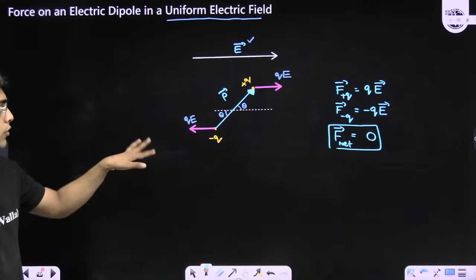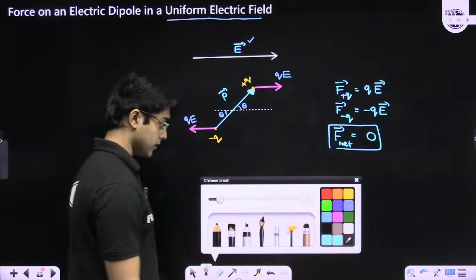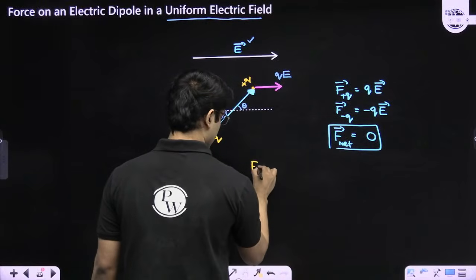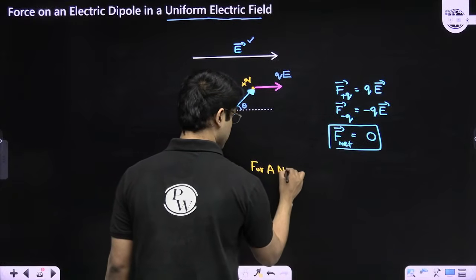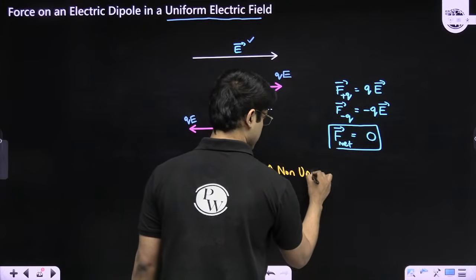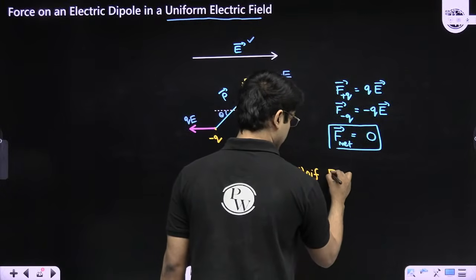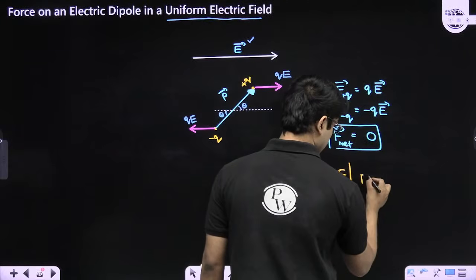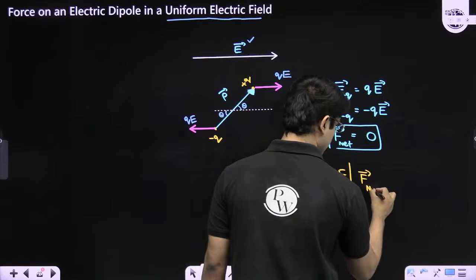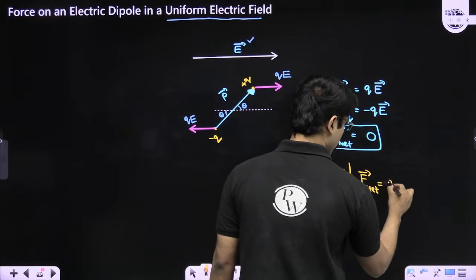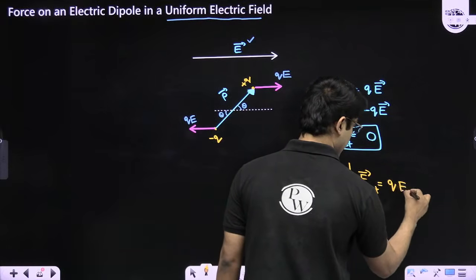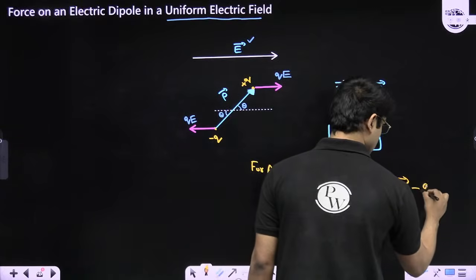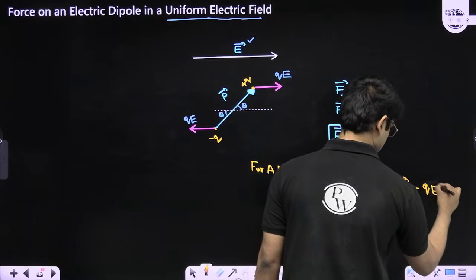If it is a non-uniform electric field, then it may or may not be 0. For a non-uniform electric field, this means the electric field changes from position to position, then the net force will be q times the electric field near the positive charge minus q times the electric field near the negative charge.